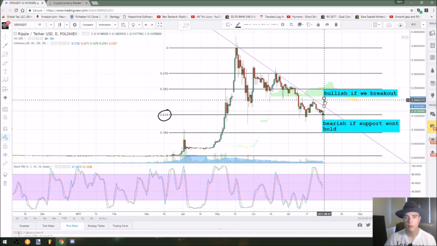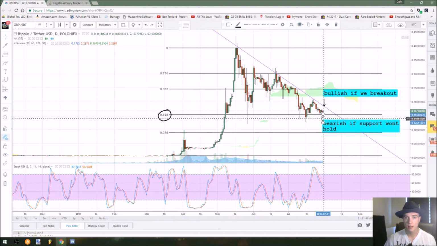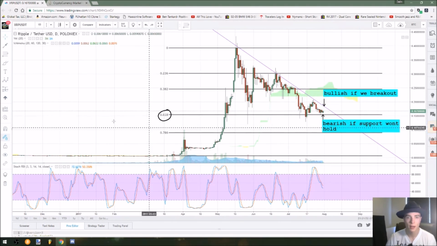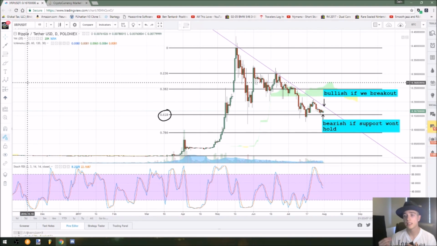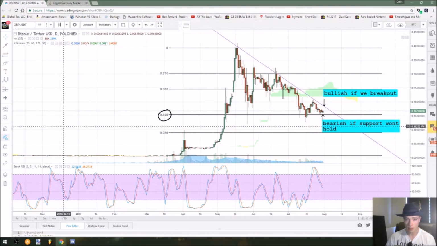Something that I would be watching for is, again, this intraday candle is very important because this is kind of the major deciding point on this chart. And just so you guys know, if you're looking at this on Poloniex, you're probably looking at the Bitcoin to XRP chart, and that has Bitcoin priced into its value. So I like to look at the US dollar anytime I can because it's a very stable thing as opposed to Bitcoin being extremely volatile.